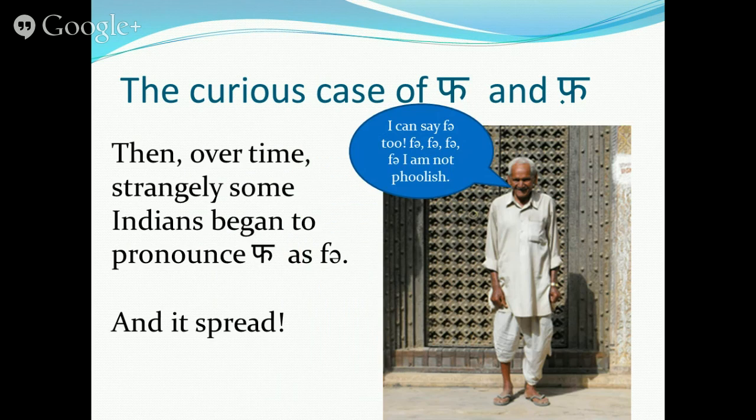All right. So strangely, over time, as one could assume would happen, because the Persians, well, they weren't Persian, but they spoke Persian as the government language, and because Persian was highly esteemed as the language of government, Indians began to pronounce pa as fa, and it spread.